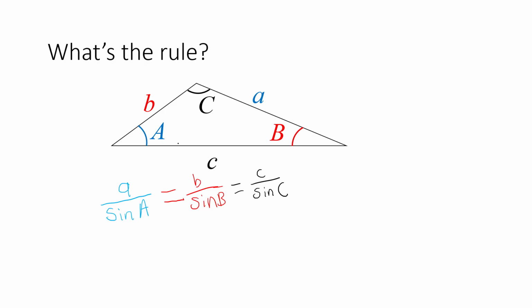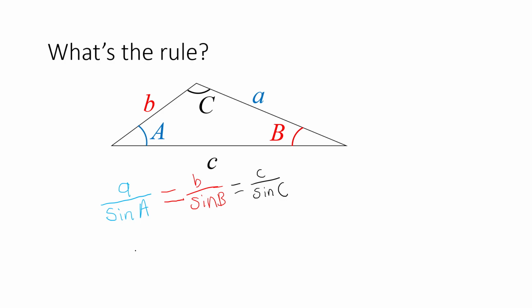So the Sine Rule states that the ratio of the opposite side over the sine of the opposite angle, this pair, is equal to the ratio of another opposite side to the sine of the opposite angle of the other two sides. So all these three pairs are equal.